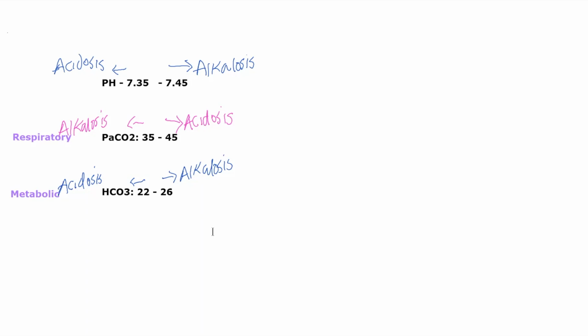Before we go forward, it is very important to know that right here in the middle, between 7.35 and 7.45, we have a number, and our magic number is 7.40.